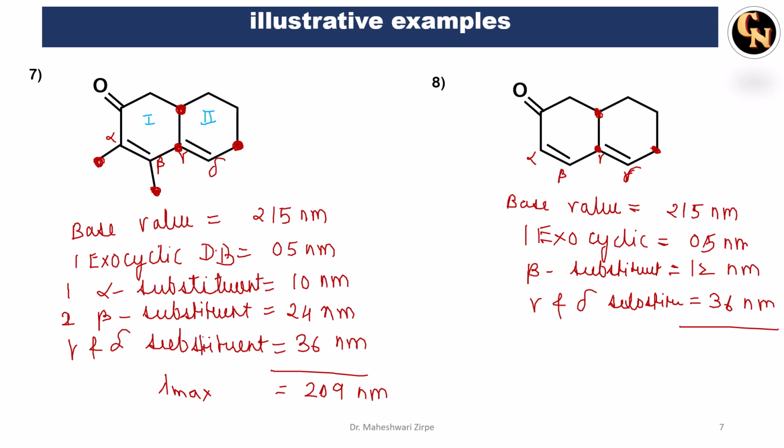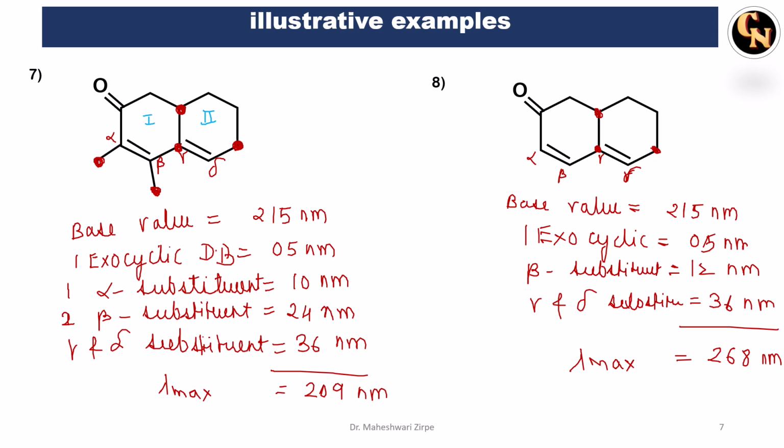So the lambda max value calculated is 268 nanometers. And in this way you can calculate the enone system lambda max value using the Woodward-Fieser rule.